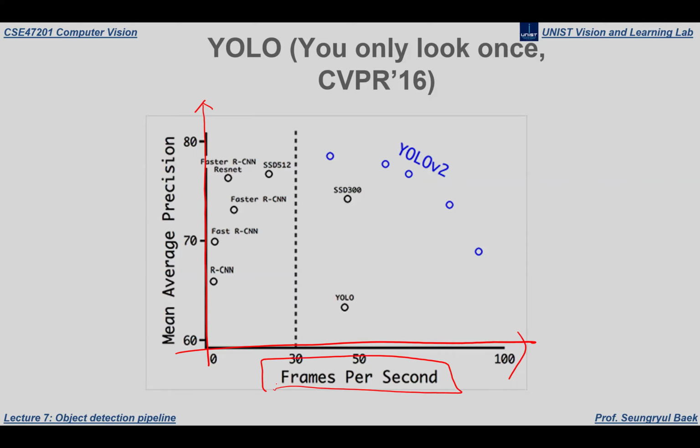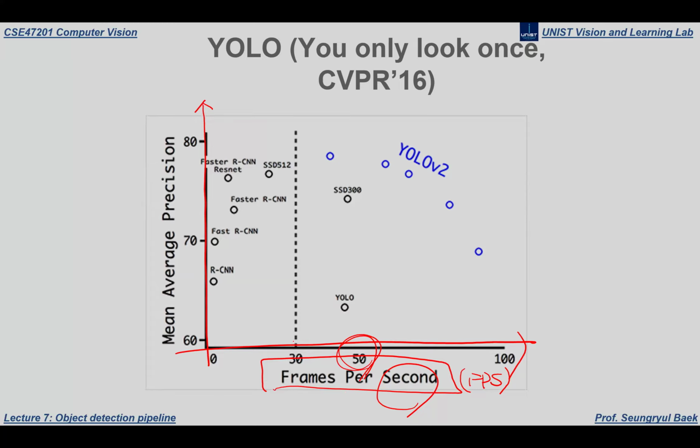FPS denotes frames per second. This is a frequently used measure for calculating an algorithm's speed: within 1 second, how many frames are processed? If within 1 second some algorithm can process more than 50 frames, it is very fast.